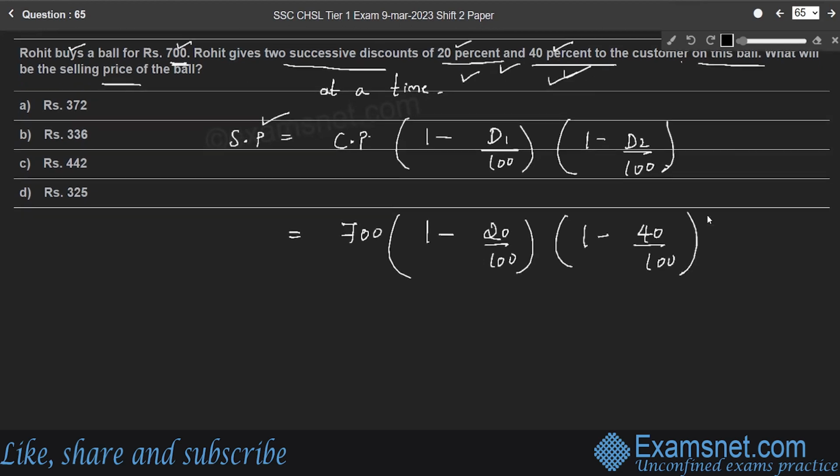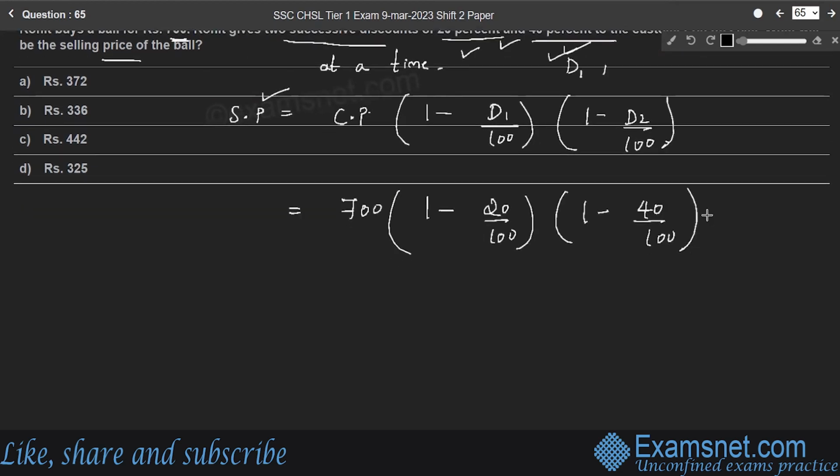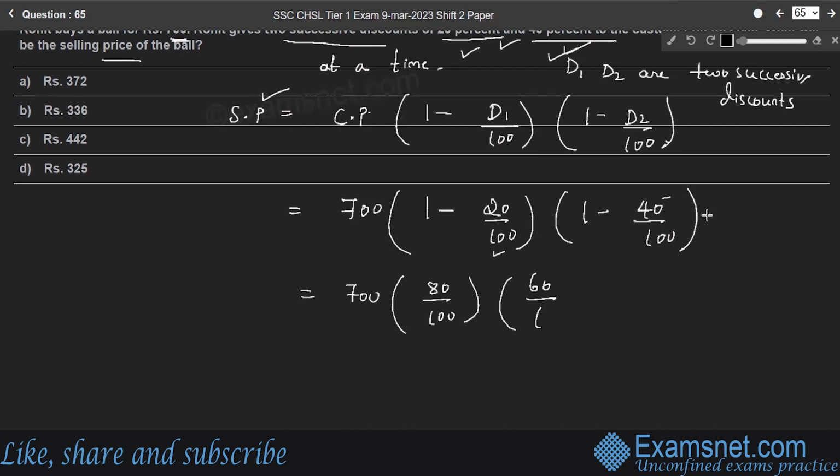Here D1 and D2 are two successive discounts. Therefore, simplify it: 700 into, here 100 is the LCM, so 80 by 100 into (100 minus 40) is 60 by 100.